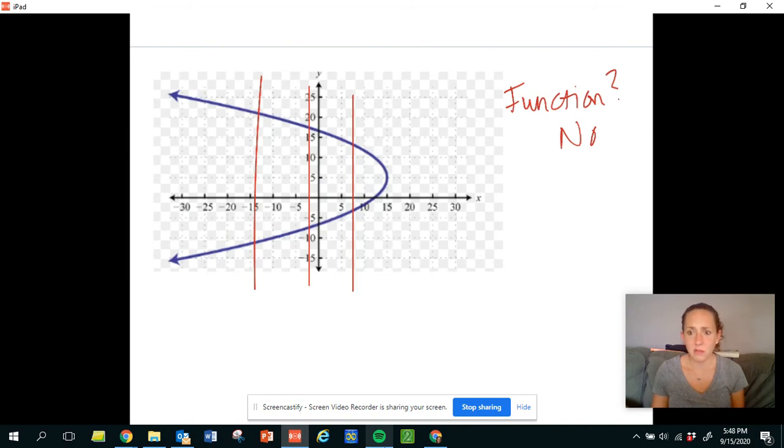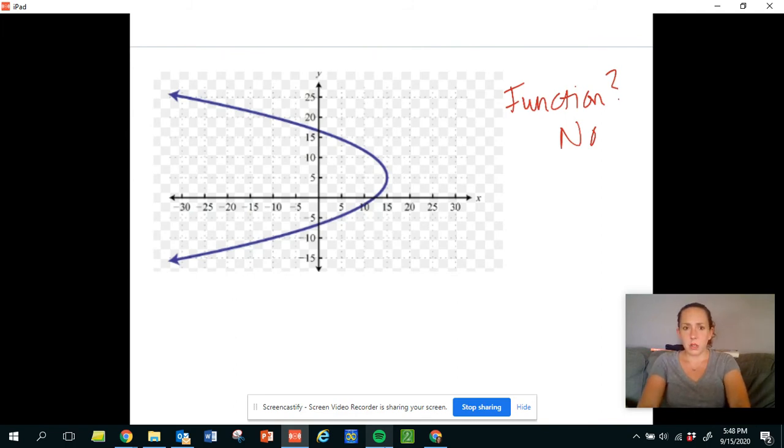So it is not a function, but we still got to do domain and range. It still has a domain and range. And just so you know, when something's not a function, it is called a relation, because all functions are relations, but not all relations are functions, because there are two variables relating to each other in some way. Does that make sense? Anyway. Okay.